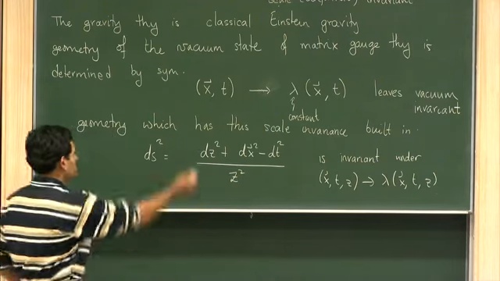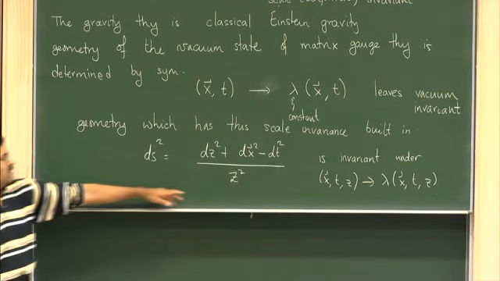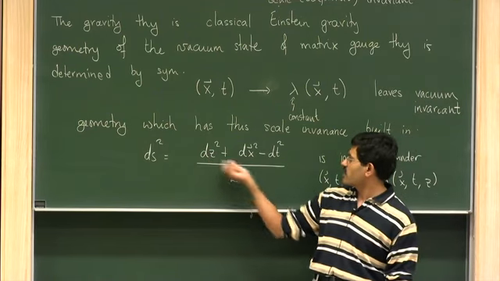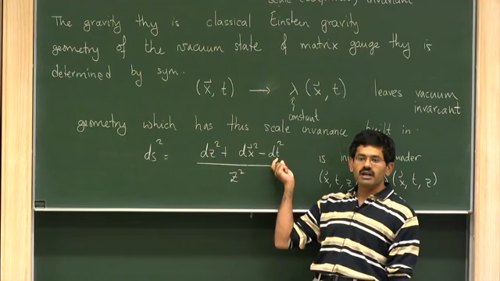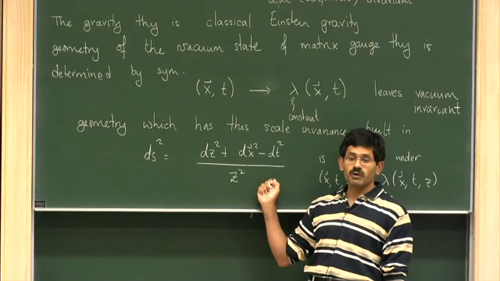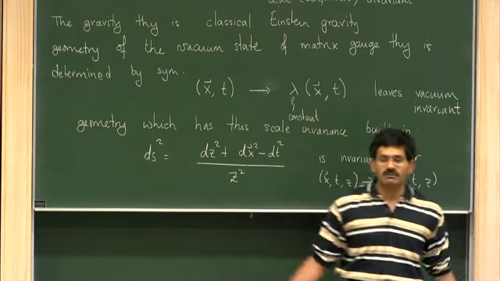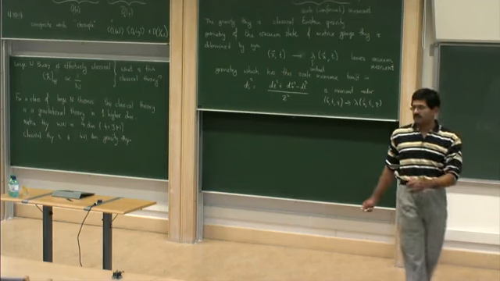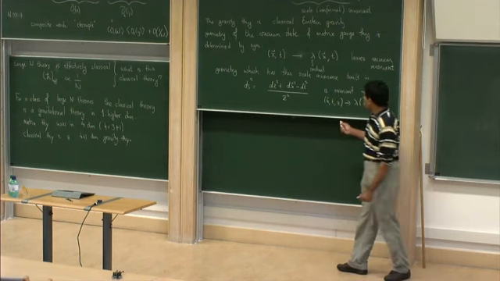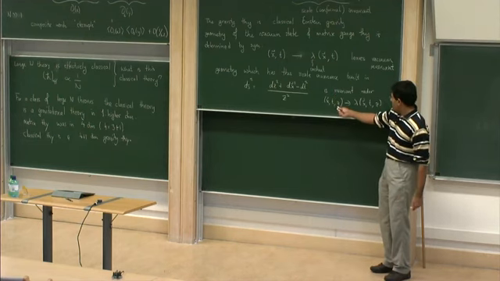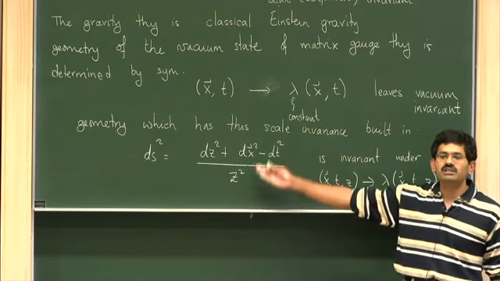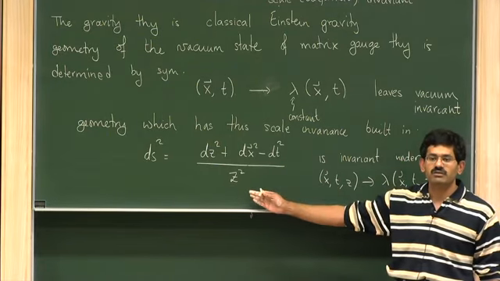I can encode this in a matrix if you want, but the whole point is that this is an infinitesimal change in the z coordinate, infinitesimal change in x coordinate, and if I have neighboring points, this is the infinitesimal square length between those points. And there's a minus sign because I'm in a relativistic theory, so time gets treated separately from the rest of space. But the key point is that under local rescaling of these coordinates, this distance function is clearly unchanged.